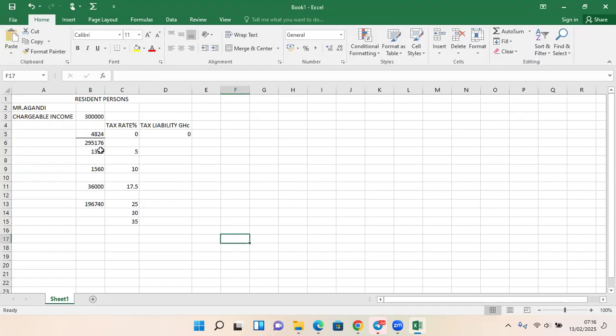Now we take this and pay 5% tax on it, so 0.05 times this. When we subtract, this is what is left. Now we pay 10% of this, which is going to be 156.